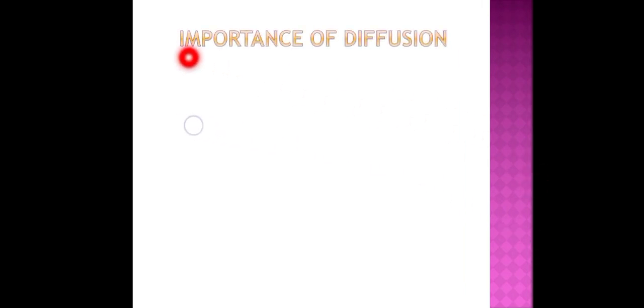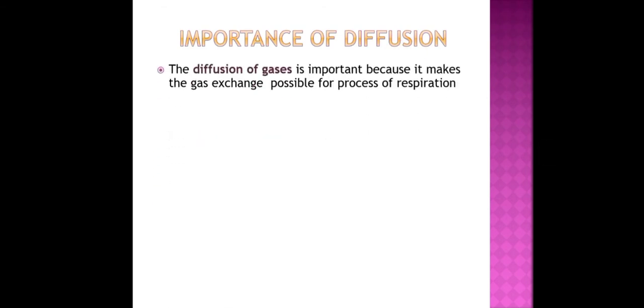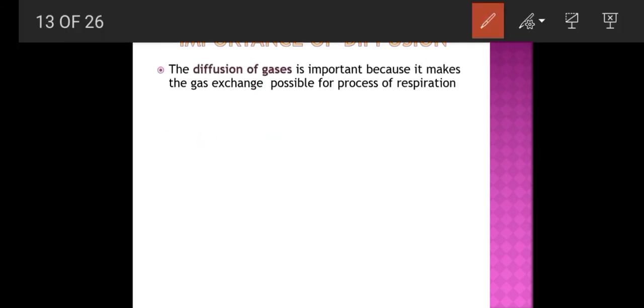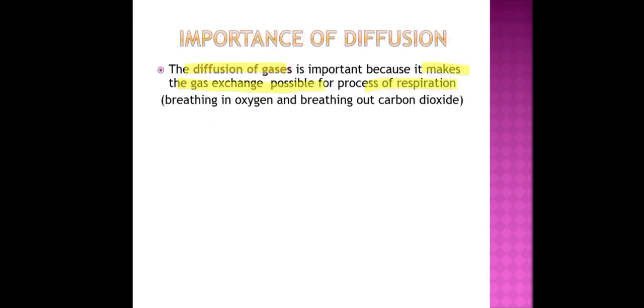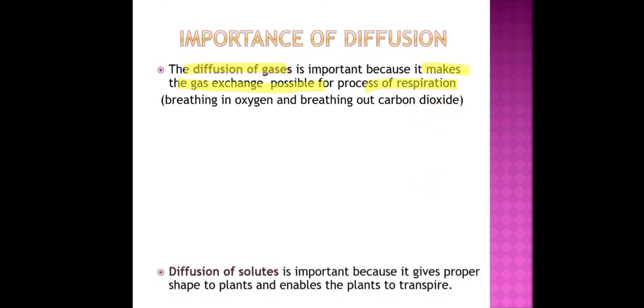What is the importance of diffusion? Diffusion of gases is important because it makes the gas exchange possible for the process of respiration. Respiration is a process of breathing in oxygen and breathing out carbon dioxide.